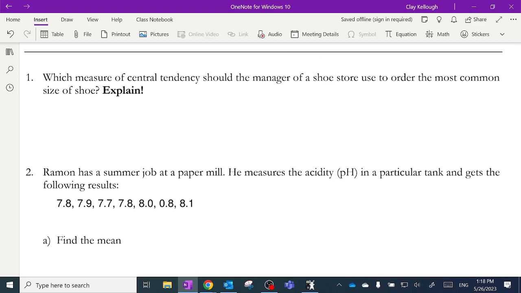And what's he going to do? Phone up his distributor and say, hey, get me a bunch of 8.7s. They're flying off the shelves. That's my average shoe size that I'm selling. Obviously, that would be ridiculous.